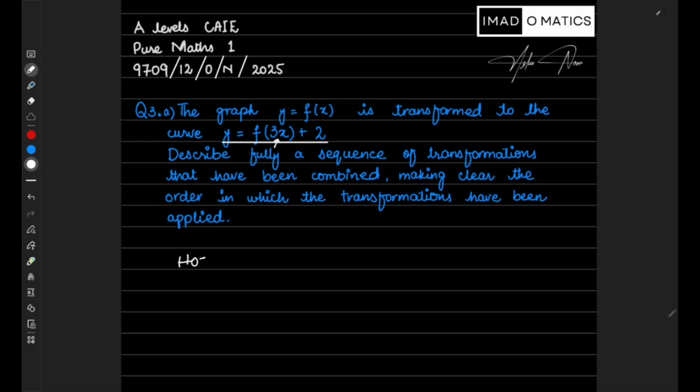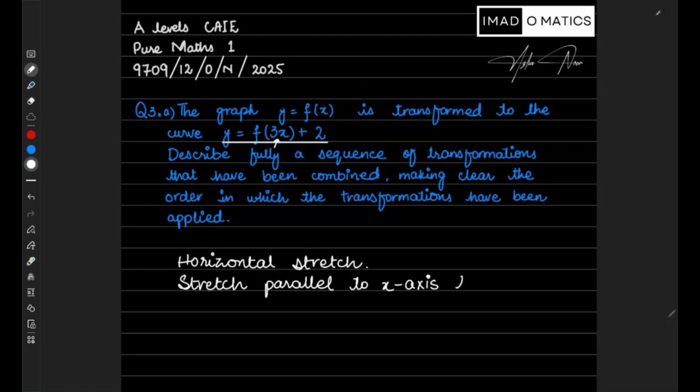It represents a horizontal stretch, or what we also call a stretch parallel to the x-axis, by a factor of 1/3. Okay, this is the first transformation that has happened.